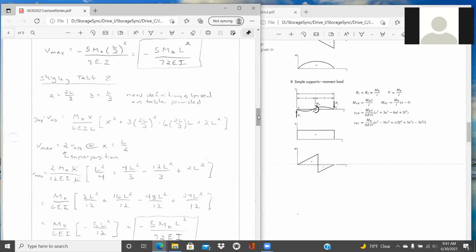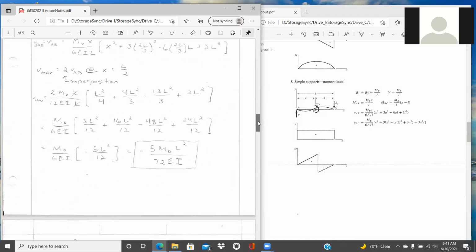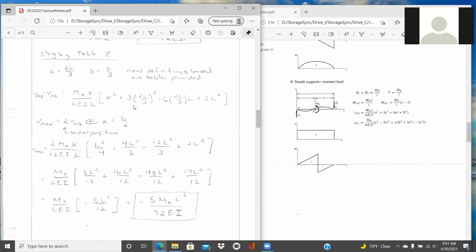The other thing that you realize from this is we were able to get the full elastic curve. Just using the tables alone, that really provided all that was needed to get the full displacement as a function of X for the left-hand side, if just one moment were applied.